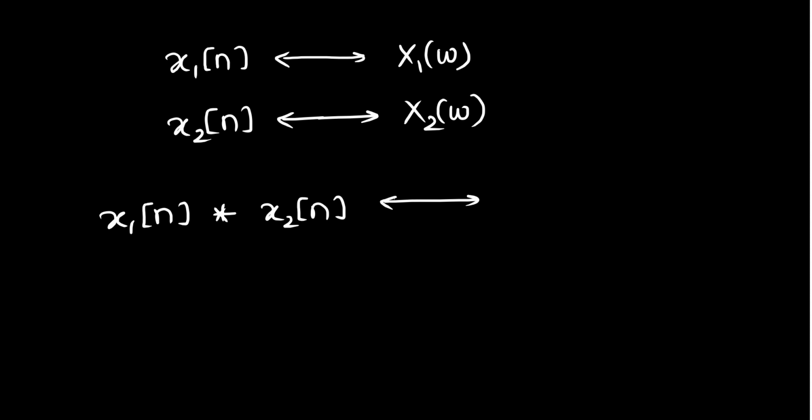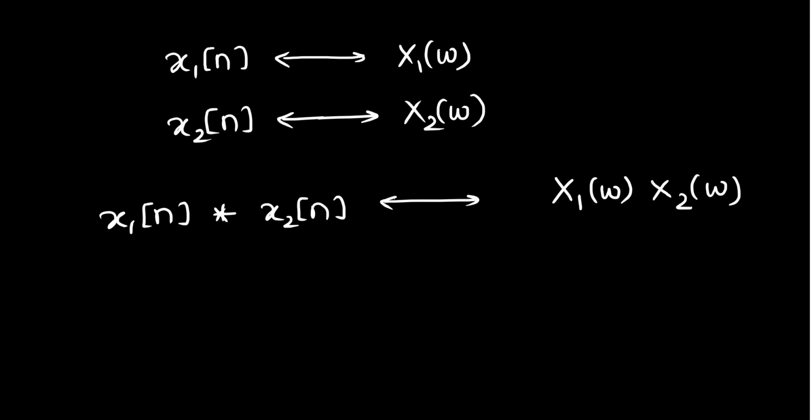it leads to its equivalent frequency domain representation as simple multiplication of the two discrete time Fourier transforms, that is capital X of omega equals X1 of omega into X2 of omega.